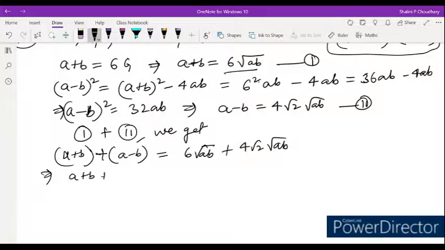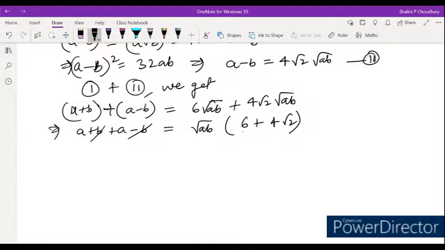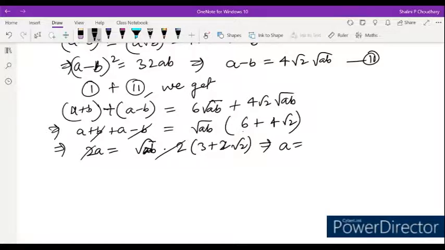A plus B plus A minus B, B cancels, it will be 2A. On the right, we can take square root of AB common, so we get 6 plus 4 root 2. Now we can take 2 common, so 2A will be equal to 2 square root of AB into 3 plus 2 root 2. So the 2 cancels, and for A we get the value 3 plus 2 root 2 into square root of AB.